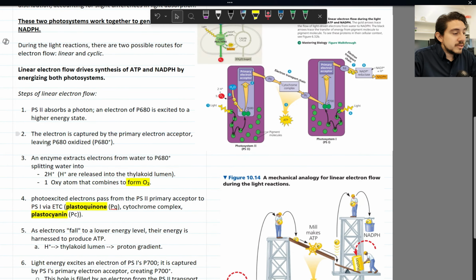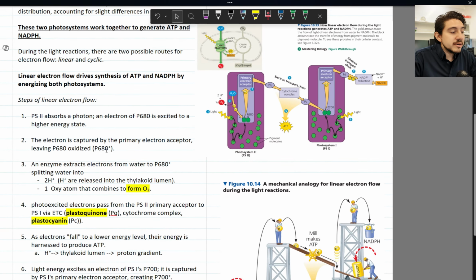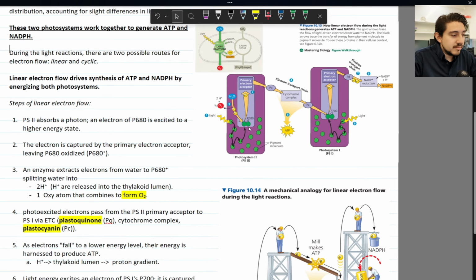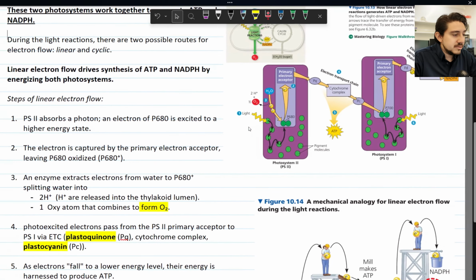Okay, so here, what happens, starting off with photosystem 2, you see here, and I'm going to zoom in just a little bit so you can see the diagram better.